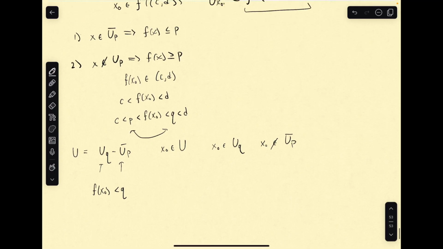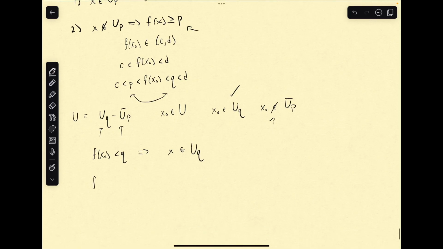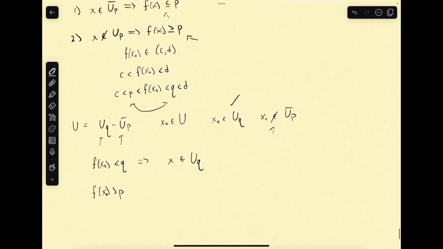So we can use the contrapositive of number 2 to say that this implies that x naught is an element of uq. So this is good. And now we have that f of x naught is greater than p. And then using the contrapositive up here, this implies that x naught is not an element of the closure of up. So this is good. And this is indeed a neighborhood of x naught.